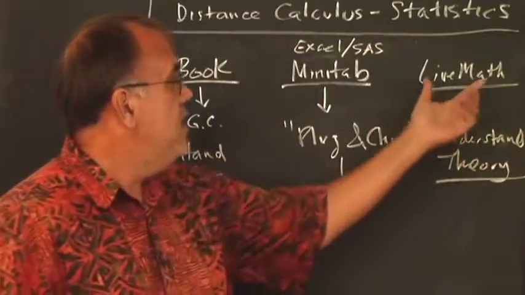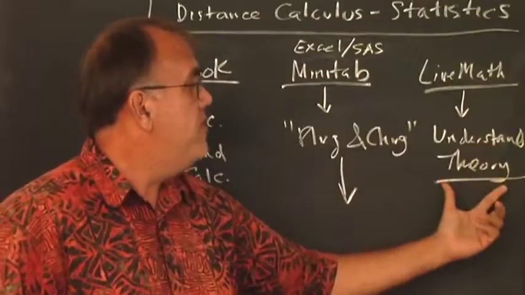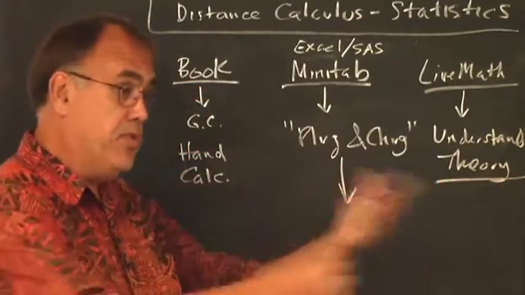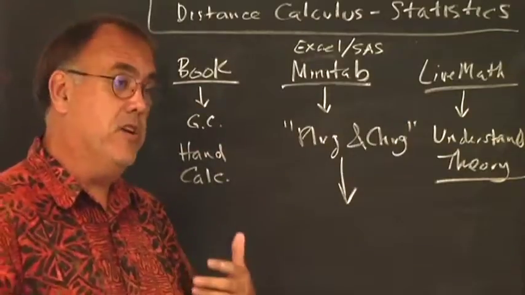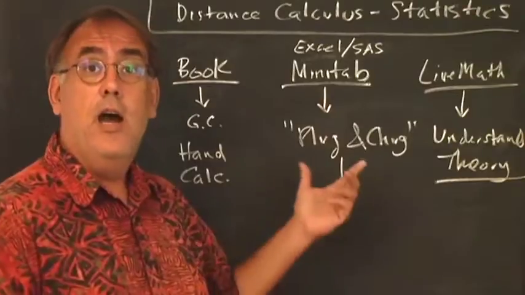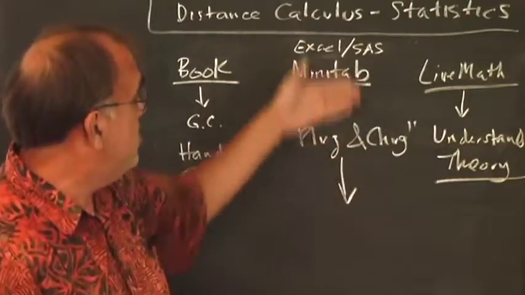Understand the theory and the concepts of statistics rather than plug and chug, numbers come out, what do I do with them? I don't know. Standard deviation is 2. What does that mean? I don't know. This is the problem with this course.